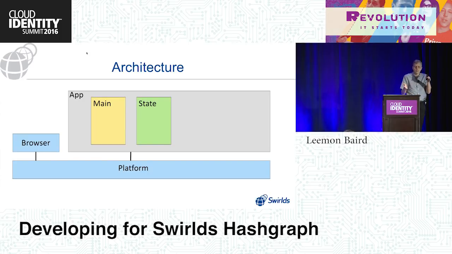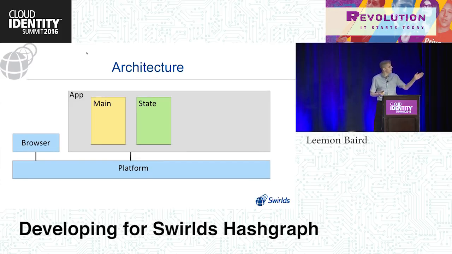And what my main program does is it says, hey, state, I need you to add a new session. We've just started a new session. Or I need you to delete a session. So the main is going to be telling the state basically to change itself in various ways as the sessions change. If this were cryptocurrency, the state would just be how much money is in every wallet. That's it. And then the main would do things like say, hey, please move money from this one to this one, and so on.